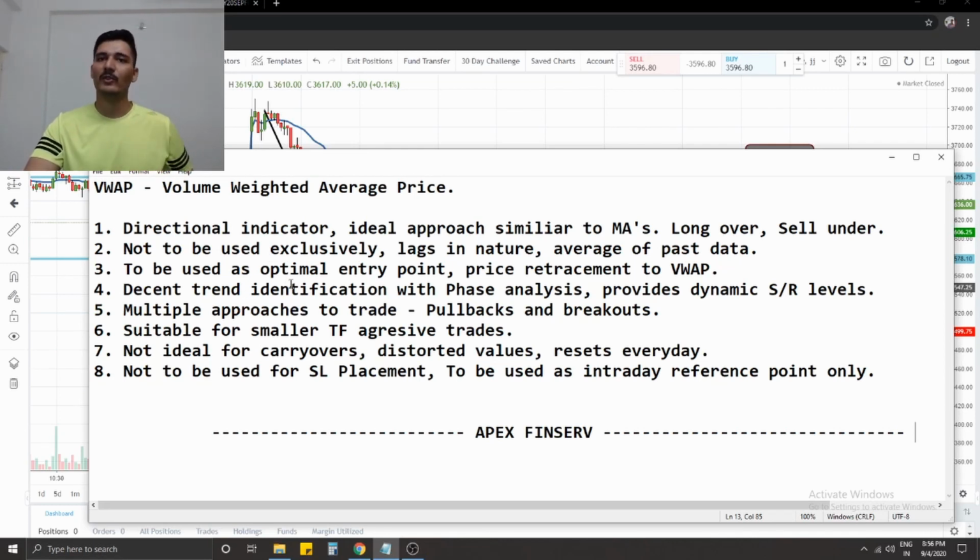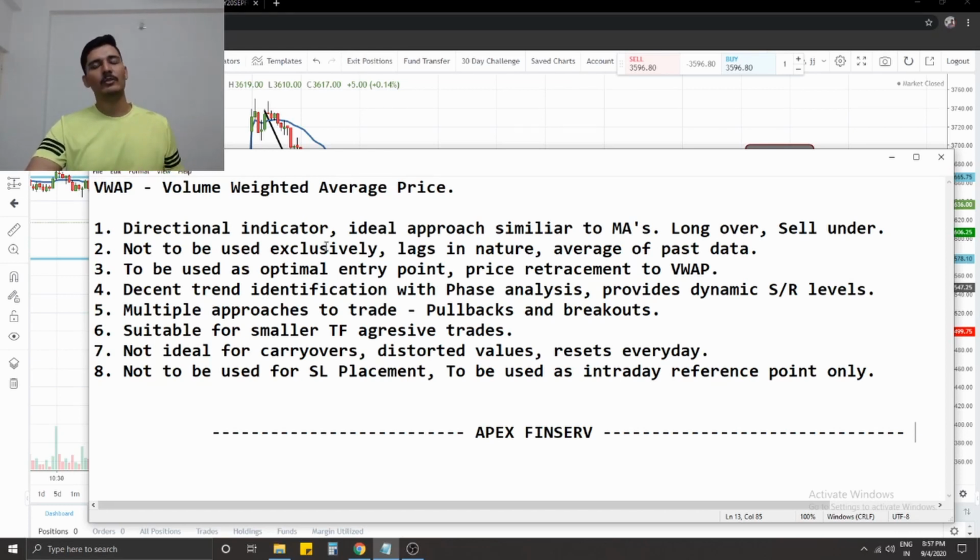So there is no possible way that it can actually lead the price in any manner, no matter how you look at it. So it is going to be a lagging indicator. It is not to be used exclusively. You can, if you have a proper catered system built around VWAP itself, but that is not something that I really recommend. It is a powerful indicator when used in conjunction with other concepts.